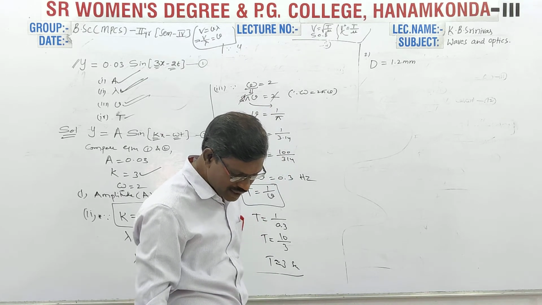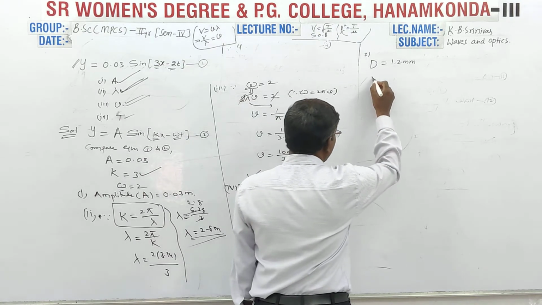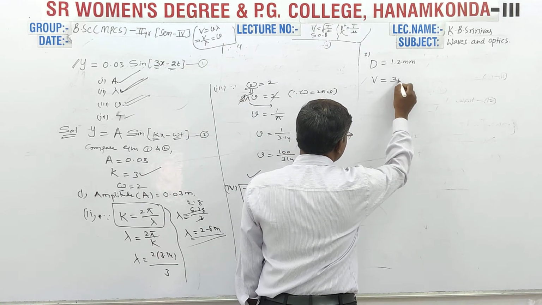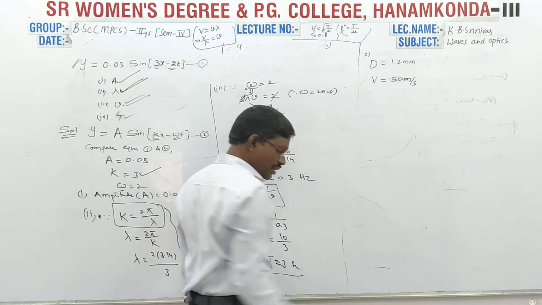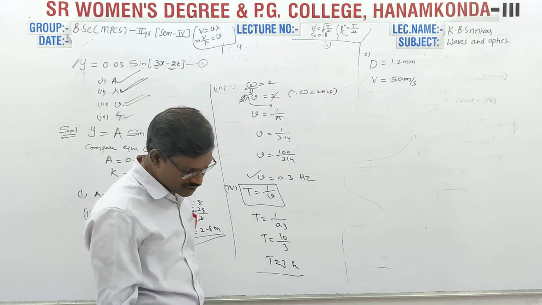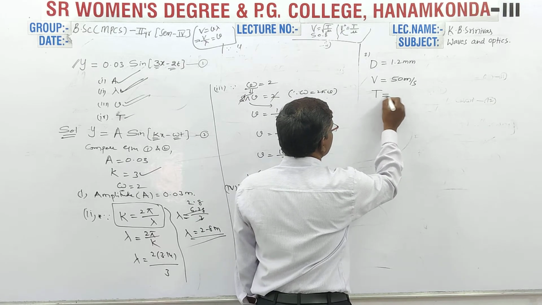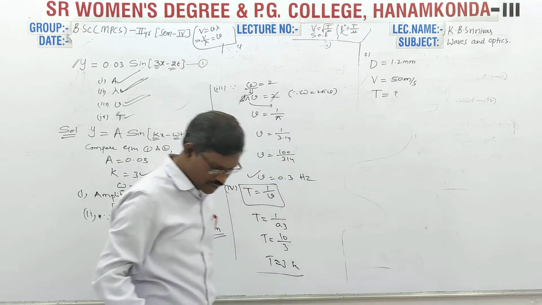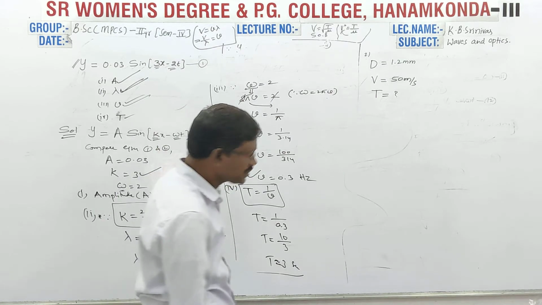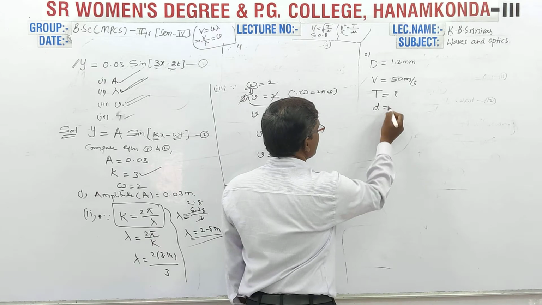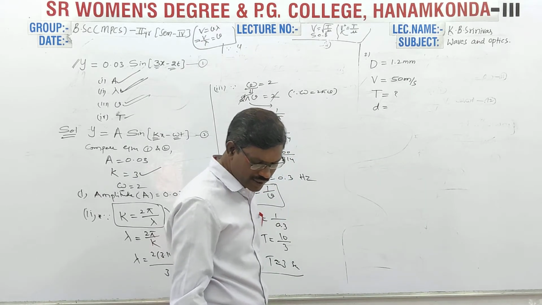If the speed of the transverse wave in the wire is 50 meter per second, they have given the velocity of the transverse wave as 50 meter per second, then what is the tension in the wire? And they have given the density of the wire as 7.7 into 10 to the power of 2.